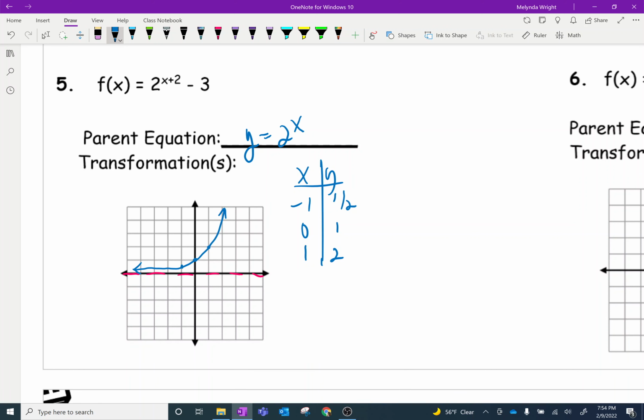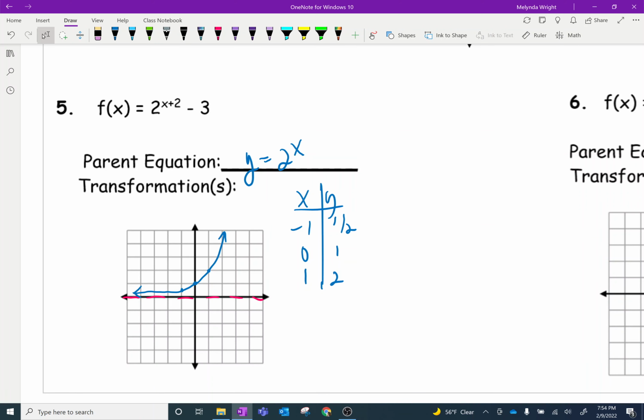Now let's talk about transformations. So first up, let's look at this one right here. Hopefully we remember from last semester what kind of transformations. That's trapped up there with the x, so it's an x transformation. And I know x's are just fussy. They are always opposite. So what this means is we're supposed to go left 2.